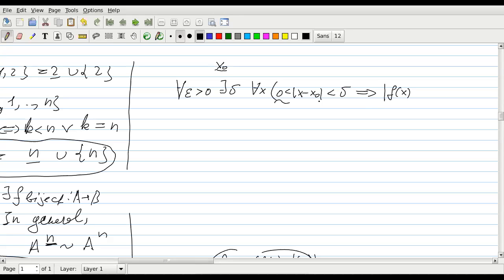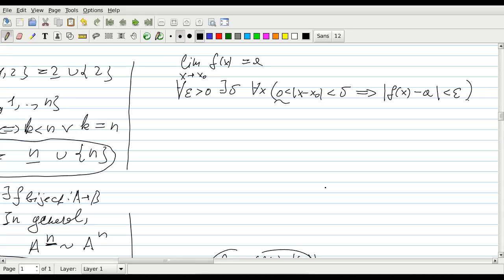Давайте не будем слова «непрерывно», давайте определим такое понятие, что предел функции в точке x0 равен a. Что это значит? Для любого эпсилон существует дельта, что если x отличается от x0 меньше, чем на дельту, но больше, чем ноль, то разница меньше эпсилон.